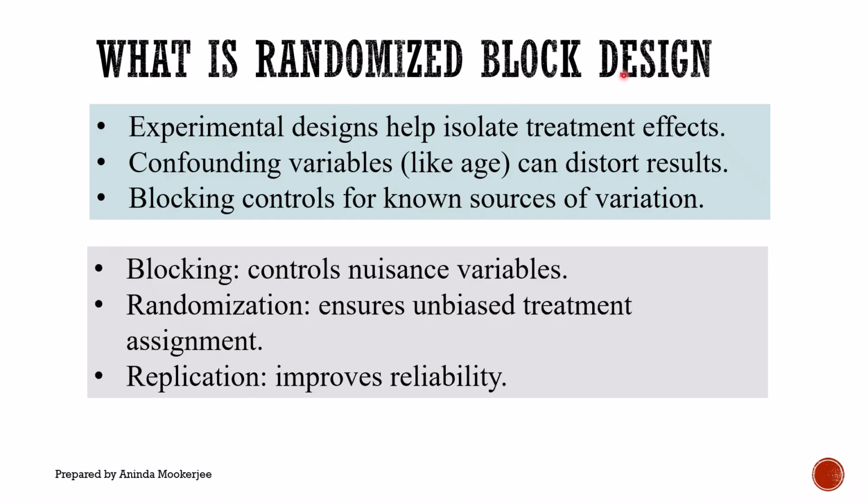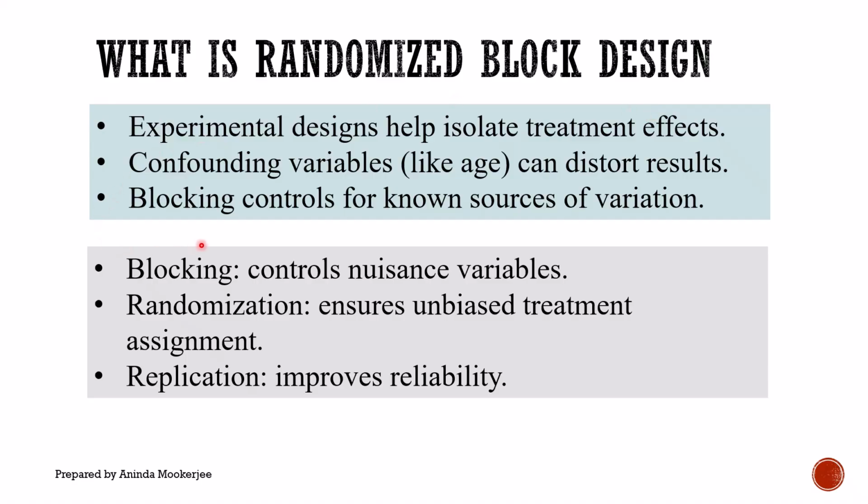First of all, it's an experimental design to help isolate treatment effects because there may be confounding variables like age, gender, experience that can distort the results of an experiment. So to block such influence from extraneous variables, we can use the randomized block design.